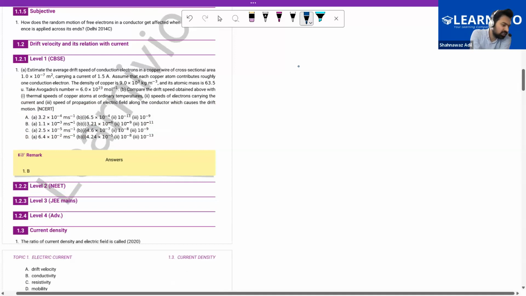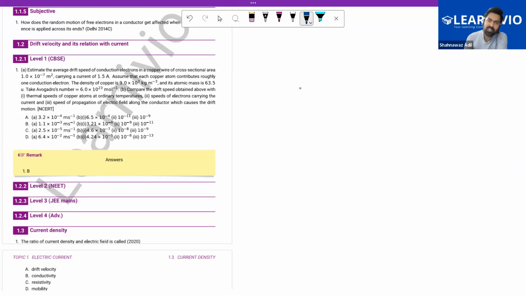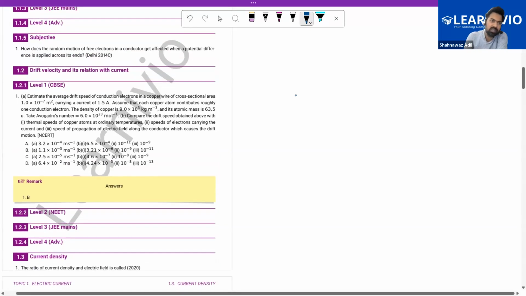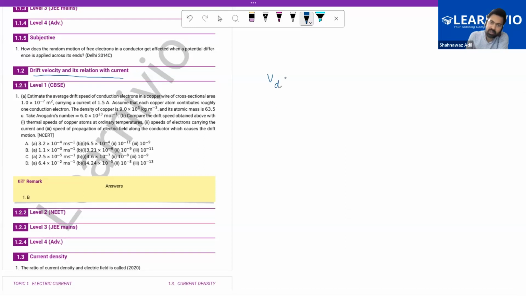Okay, and it's nearly 7:30. So the next topic that we will do is drift velocity and its relation with the current. Do you remember what drift velocity was? This was eEτ by m, right? And then there was the relation with the current.